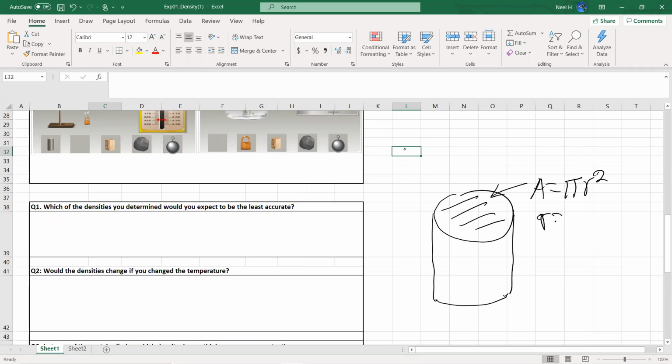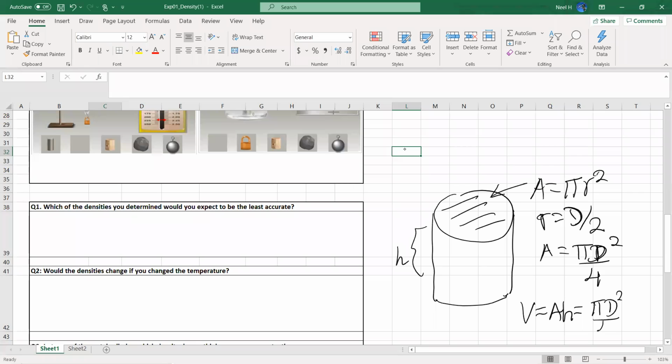So the radius is diameter divided by 2, which means the cross-section area is pi d to the power 2 divided by 4. And then the height is h. So the volume of the cylinder is cross-section area times the height: pi d squared divided by 4 times the height h.